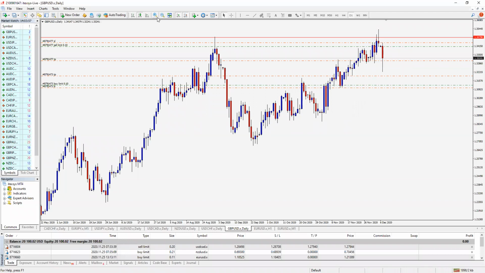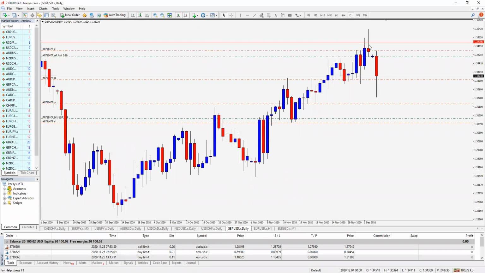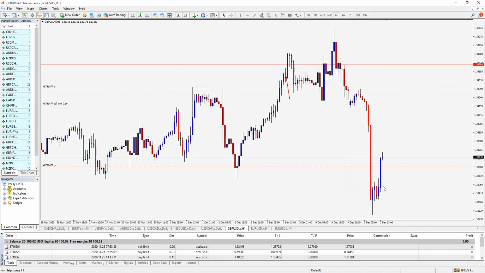Last Friday, we had this rejection to that key level, and today we saw that break down. However, we are also pulling back from that breakout, and on the long-term period we can see some nice supply on the one hour chart that might provide a nice sell opportunity.